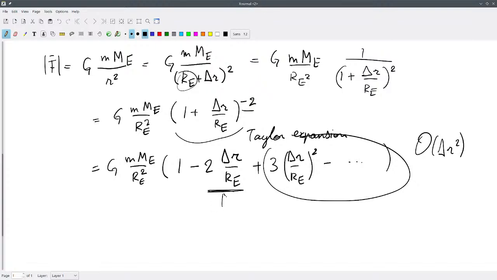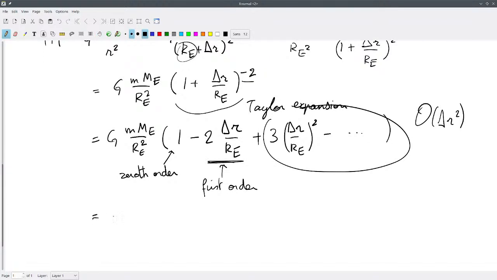That's going to be my first order term. This is my 0th order term. So if I write this all down, I now have G M_E over R_E squared. I'm going to put my m here. 1 minus 2 delta r over R_E.